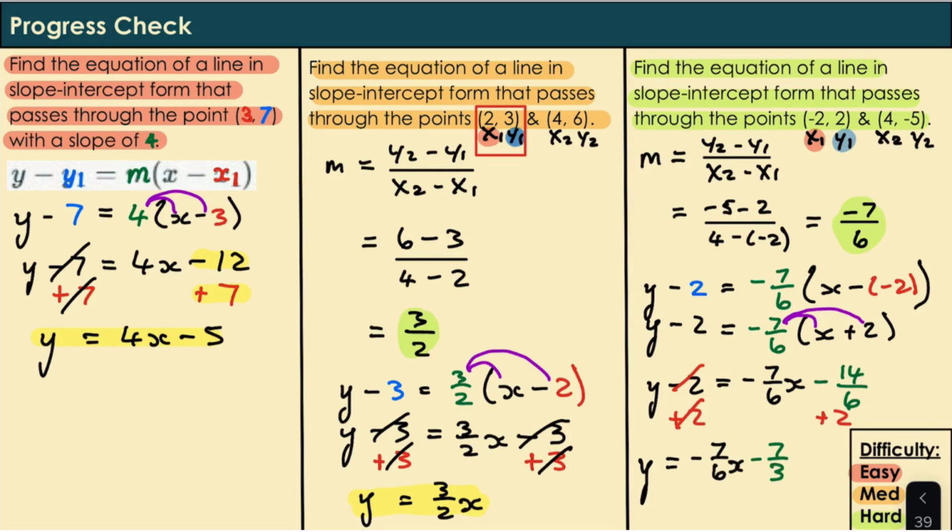I've simplified the fraction, plus 2. Now I'm going to change that plus 2 into 6 over 3. y is going to equal negative 7 over 6x. I'm going to add those fractions with the same denominator, and I will have negative 1/3. And there is my final solution in slope-intercept form.